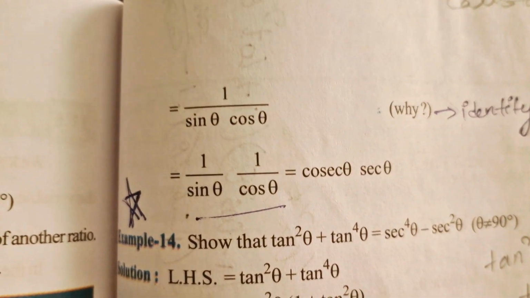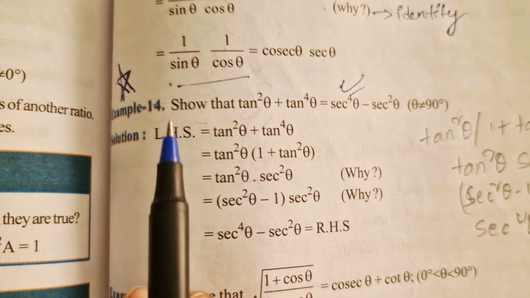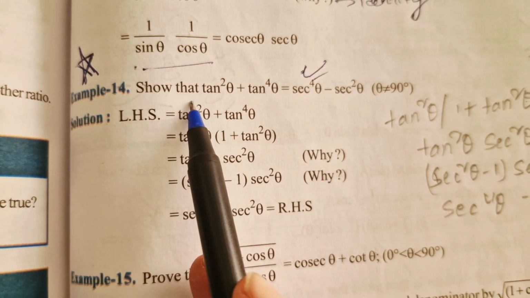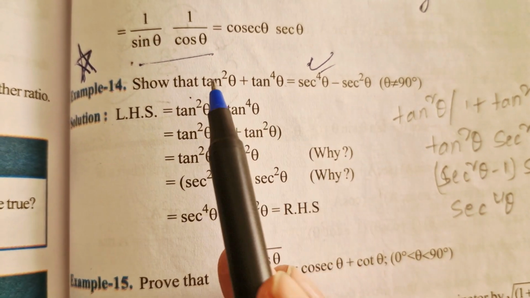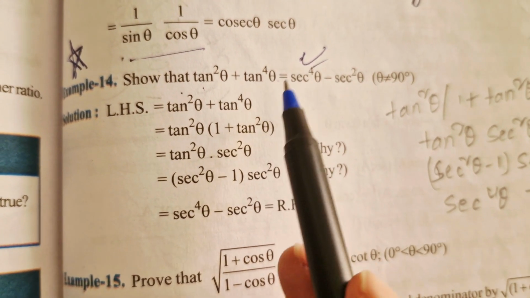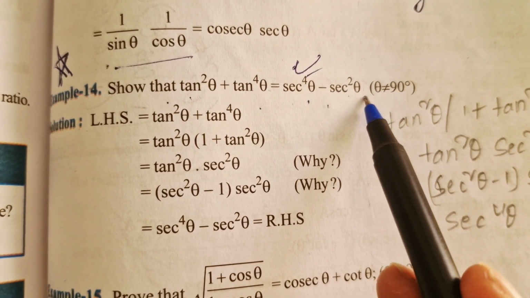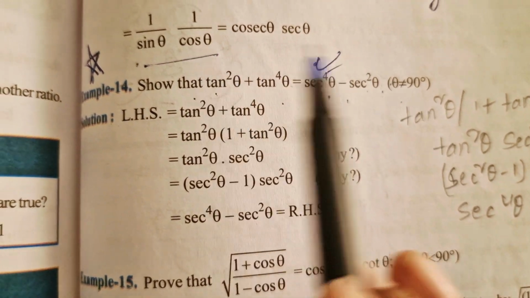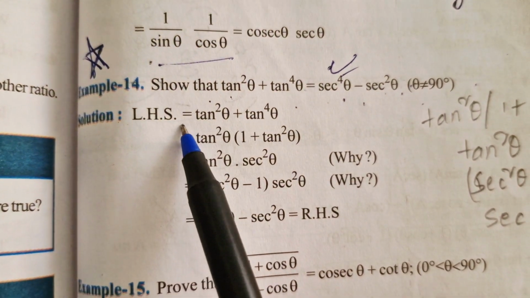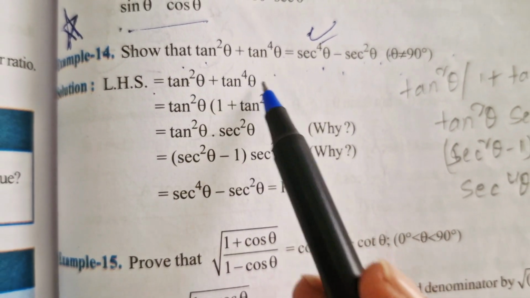So this is another example. Let us move on to example 14. Show that tan square theta plus tan power 4 theta is equal to secant power 4 theta minus secant square theta, where theta is not equal to 90. So LHS we have taken as tan square theta plus tan power 4 theta.